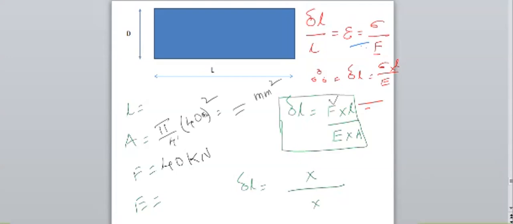The length of the rod he had given as 4 meters, so I need to convert this into mm: 4 into 10 to the power of 3 mm. And the E value is 2 into 10 to the power of 5 Newton per mm square.